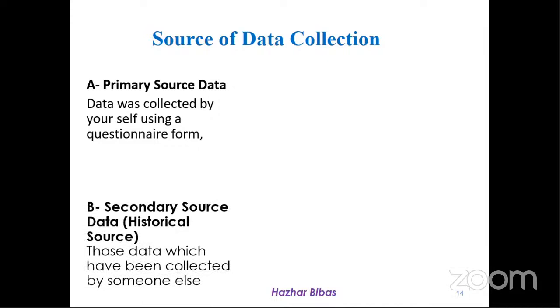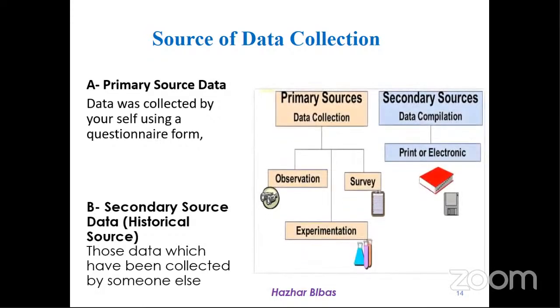Secondary source data, or as some say historical source data, is data that has been collected before you, and you're going to reuse it with their permission. You can find it in any scientific book, research paper, thesis, dissertation, or directory.